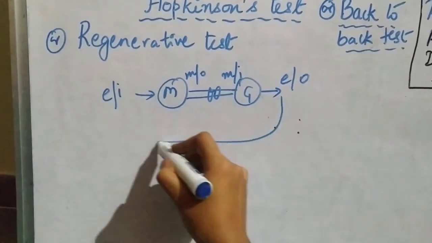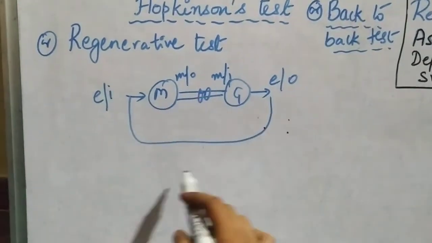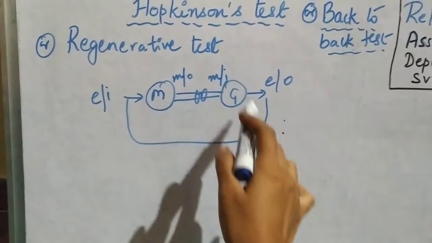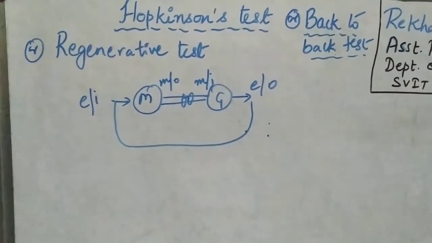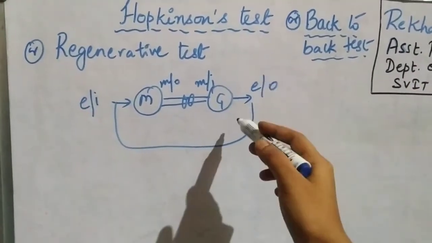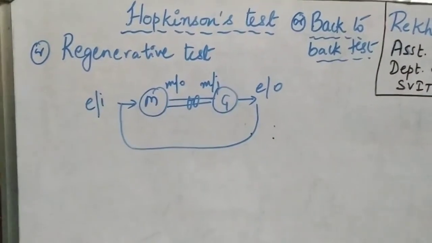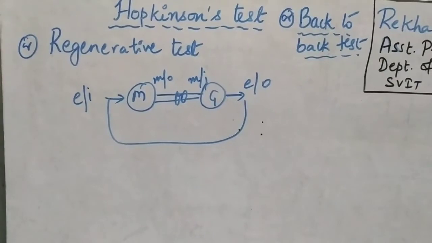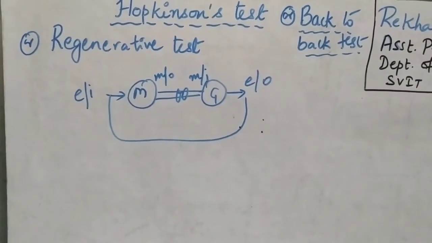This will again be connected back to the motor, and the process continues in a cycle. The motor drives the generator and the generator supplies the input to the motor. Due to this reason, it is called a regenerative test.